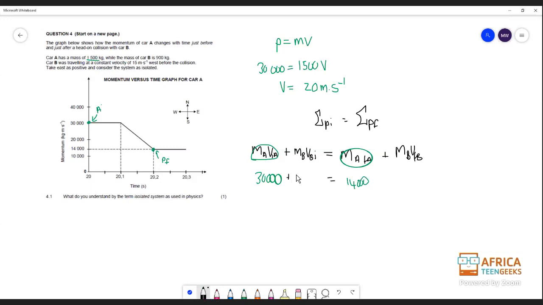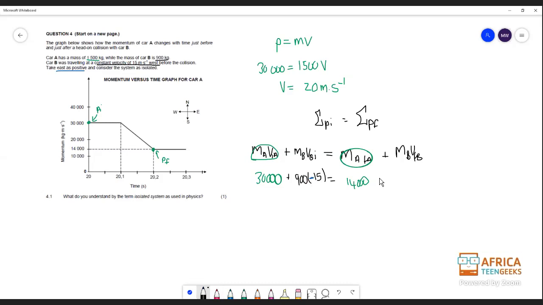And then the mass of car B is given to us as 900, and they told us that it was moving with a constant velocity of 15 meters per second west before the collision. So you'll multiply it with negative 15. The reason we're saying it's negative is because in the bit over here, they say take east as positive, and you are moving west, which is negative. That's why we put the negative 15 in there.